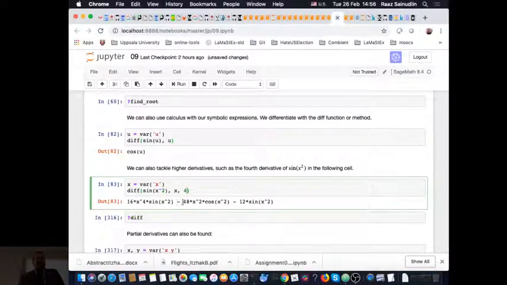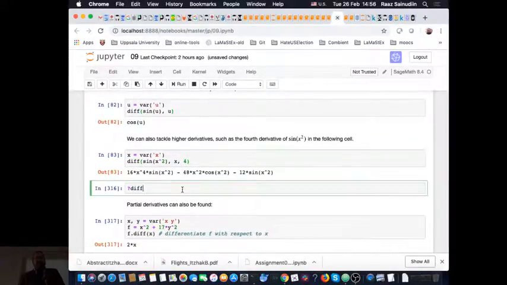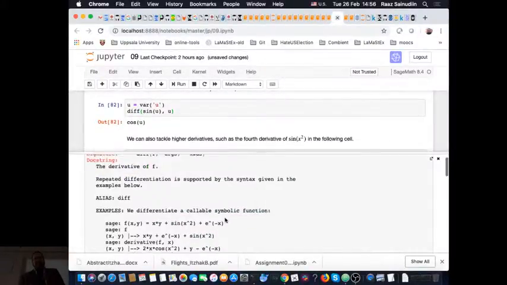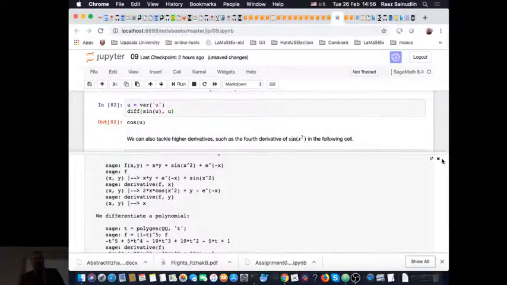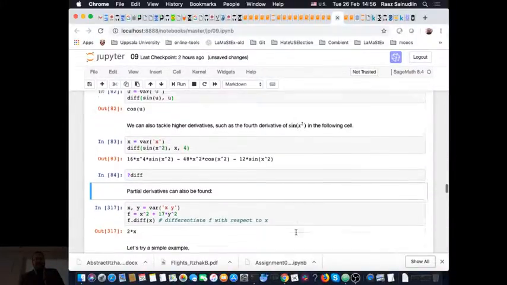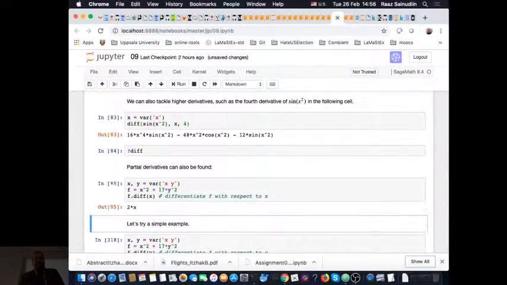So this is what it is. And then you can get into the doc strings, as always, to find out more syntax. Partial derivatives can also be found, right? So now you can use this to check your answers in other calculus courses as well. I believe the department is planning to introduce Sage Math in a year or two to all the new students who will be coming in.